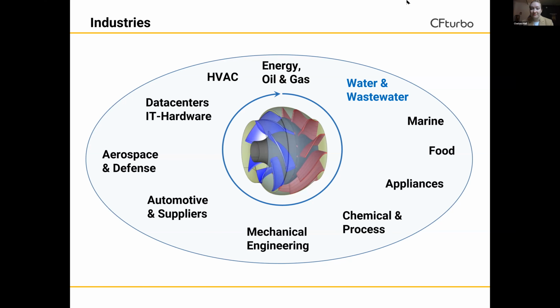Of course, first we have water and wastewater, and next marine, food, appliances, chemical and process, mechanical engineering, IT, aerospace and defense, the automotive industry, HVAC, as well as energy, oil and gas.